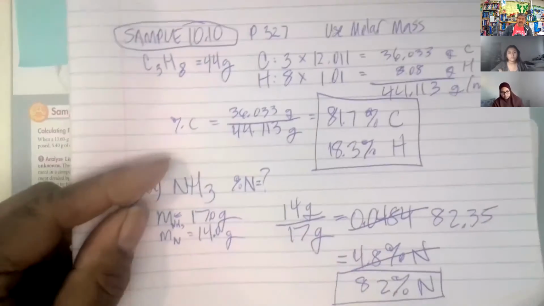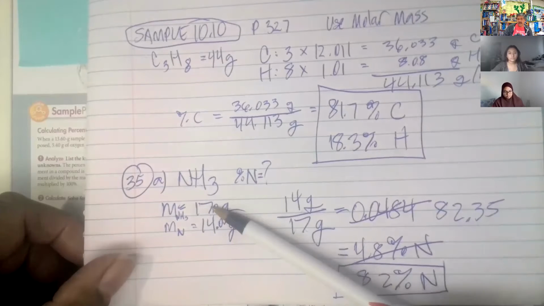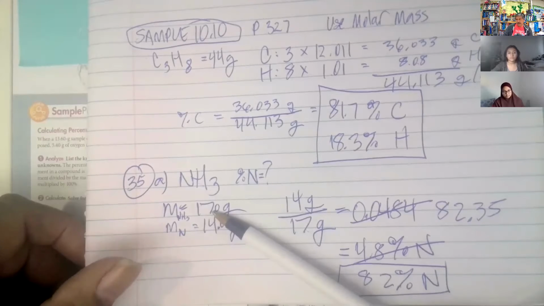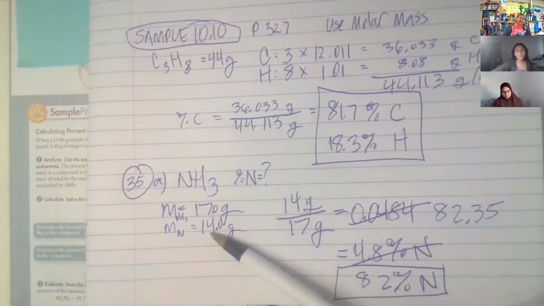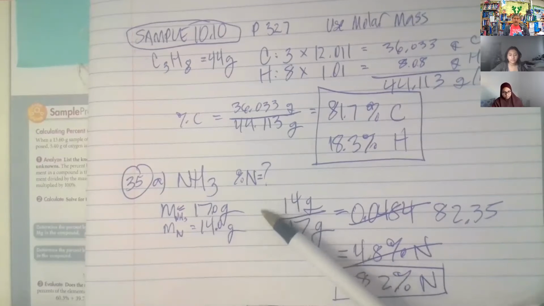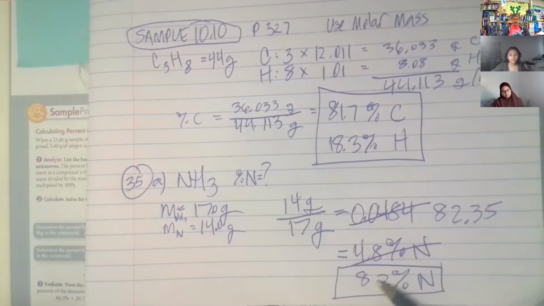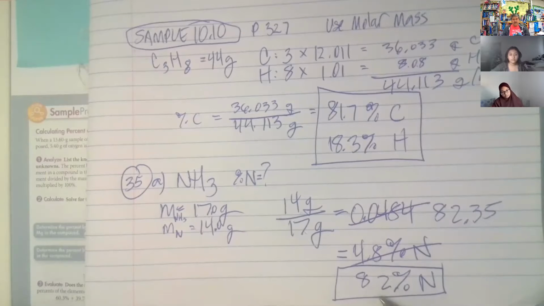But for me, 82 is good enough, since I was going with 14 grams and 17 grams instead of 14.0 and 17.0. Again, you could have used 5 sig figs and gone 14.007 and 17.010, and then you would have had to take this all the way to 5 sig figs.